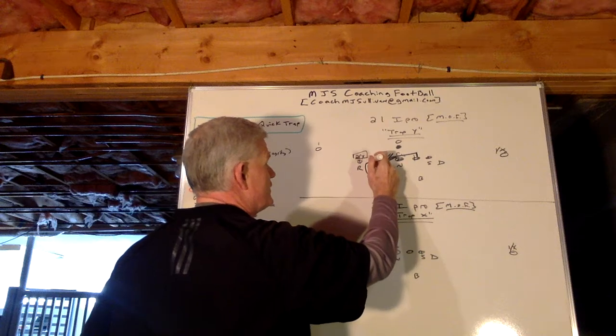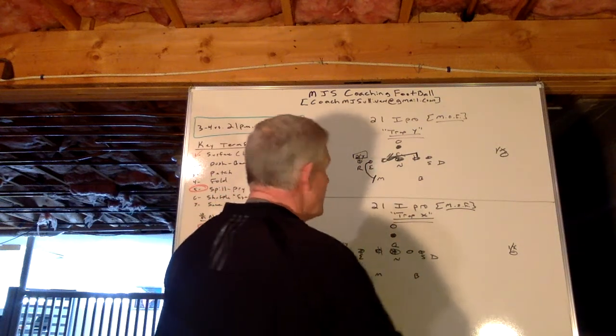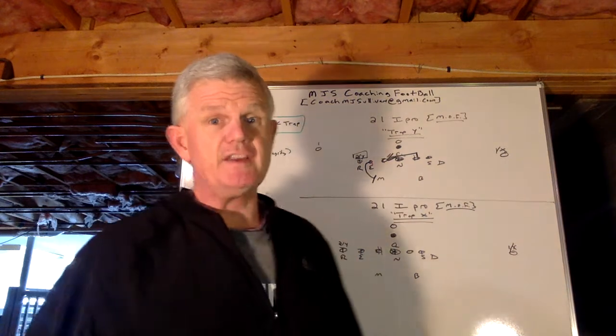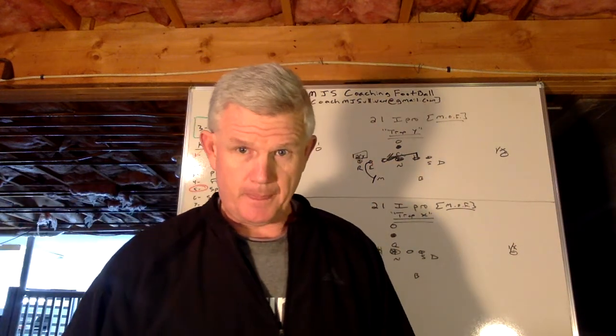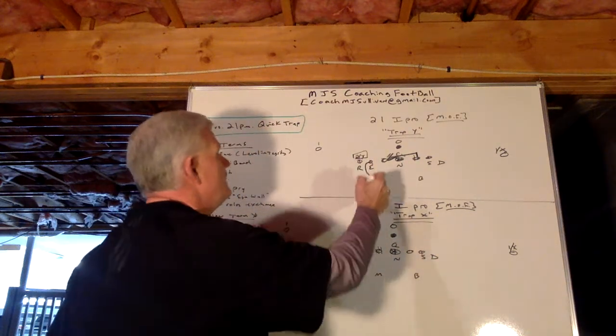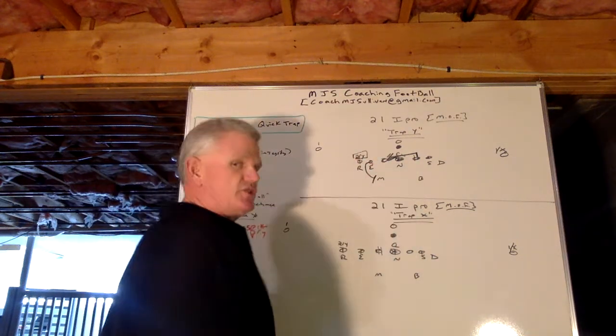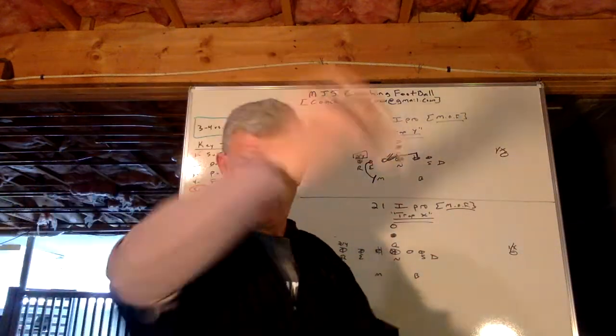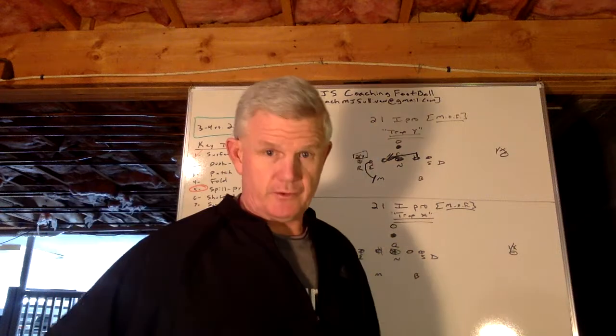Because remember, this is our 4 technique's pressure key, but the guard is his visual key. All right? So what we've been seeing is we get the Veer Release, which is outside, arc release outside, Veer Release, one word, Veer. Only the tackle veers.